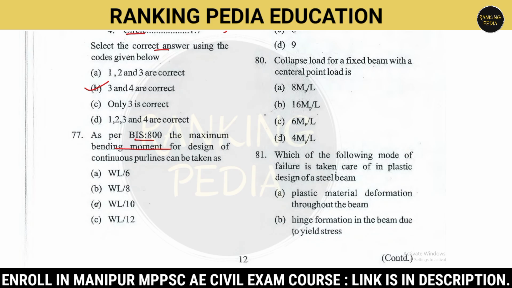W is the total uniformly distributed load on the purlin, and L is the distance between the centers of the supports, or you can say the distance between the centers of the rafters. As per BIS 800, the maximum bending moment for the design of continuous purlins can be taken as WL by 10. Option number C is correct.